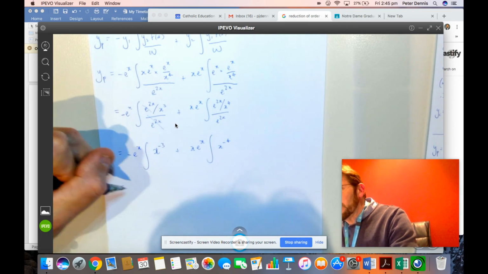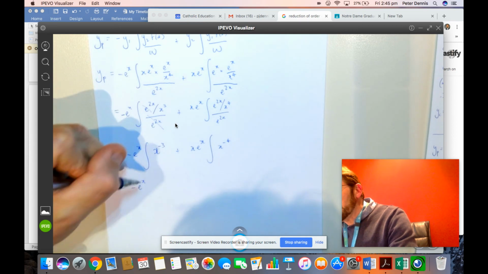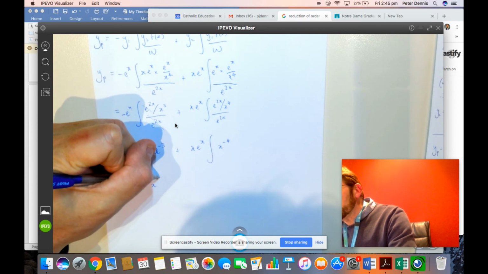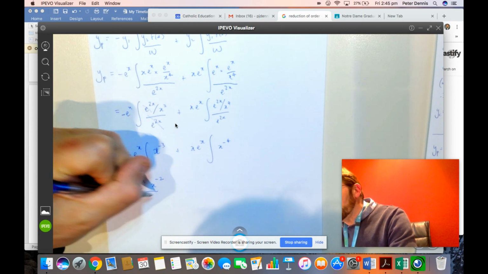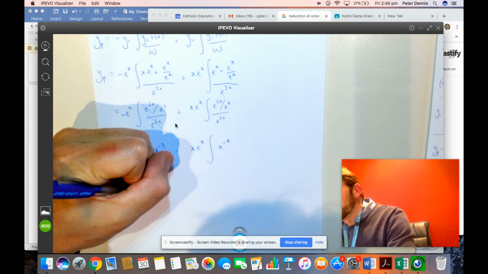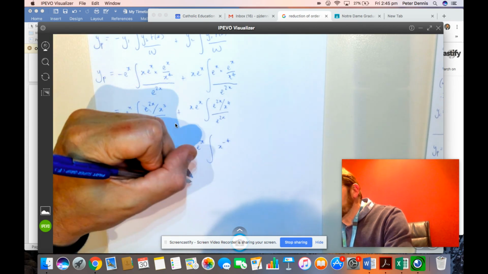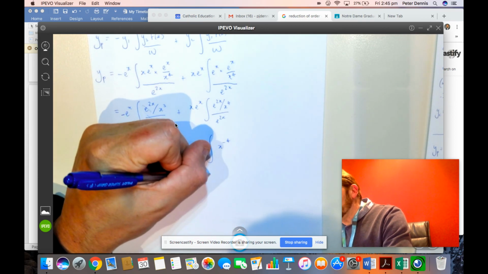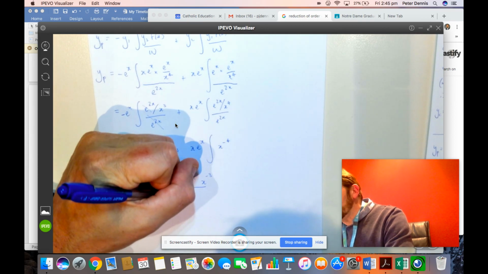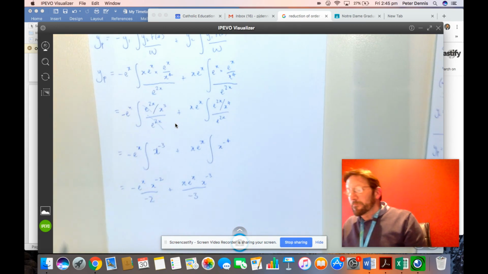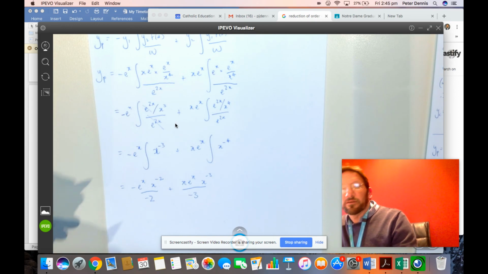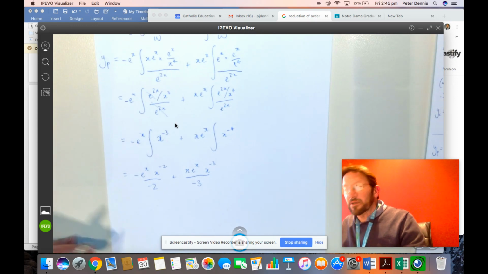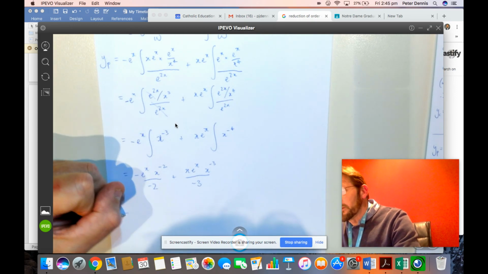Integrating this, you get minus e to the x, x to the minus 2 over minus 2, plus x e to the x times x to the minus 3 over minus 3. So suddenly we've started looking at something that's getting down to something a bit more nice.